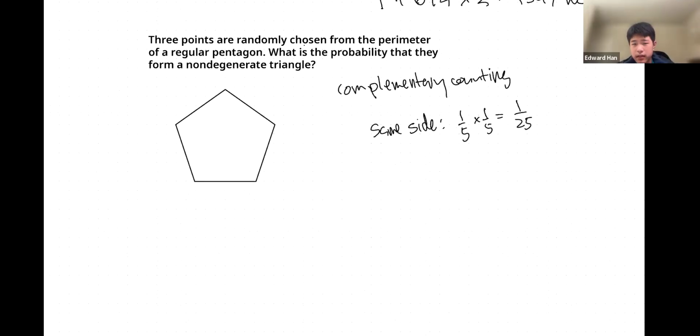Wait, did someone? Okay, anyways. Everyone can see what I'm seeing, right? Just to be sure. You see like a pentagon, right?